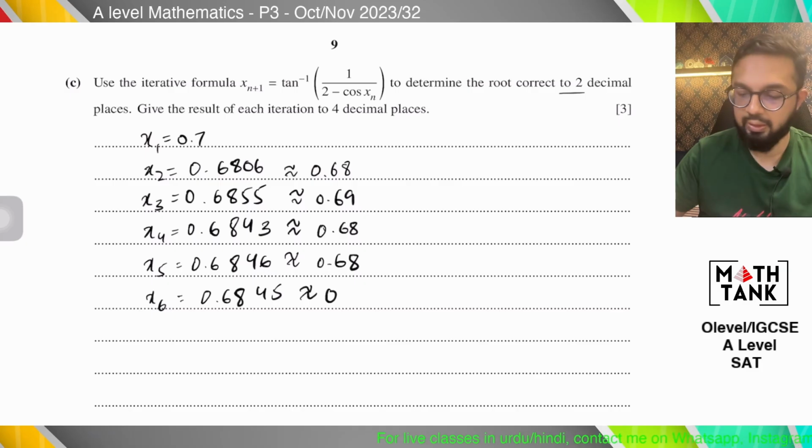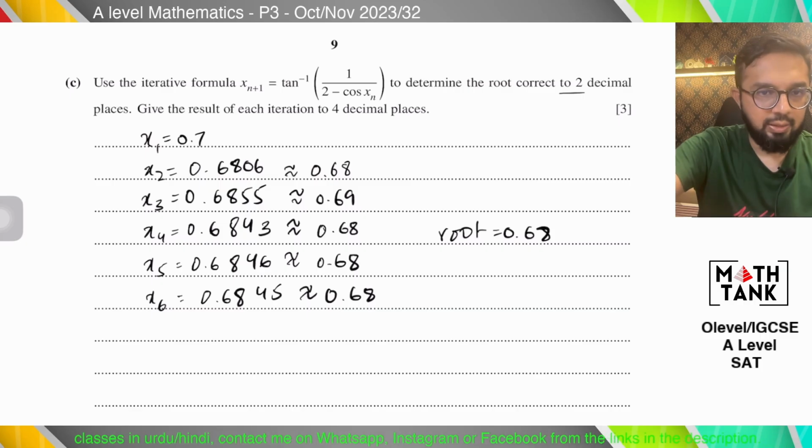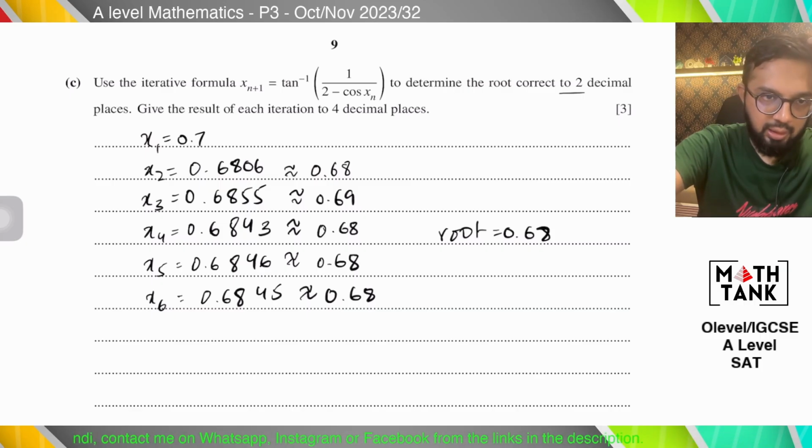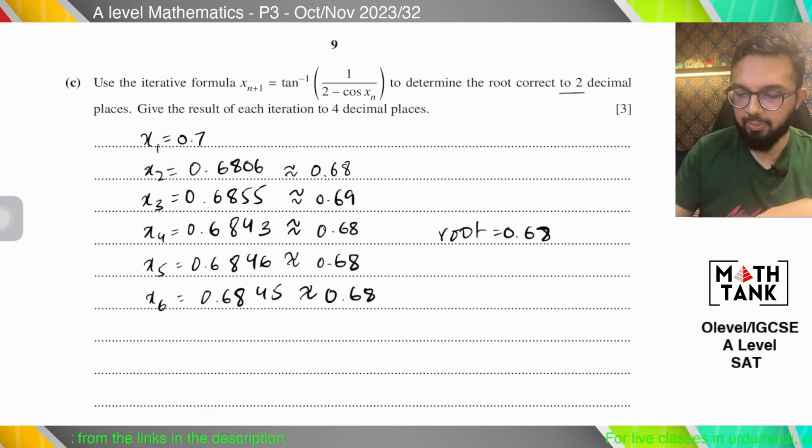That's also 0.68. Okay, so the root is 0.68 correct to 2 decimal places.